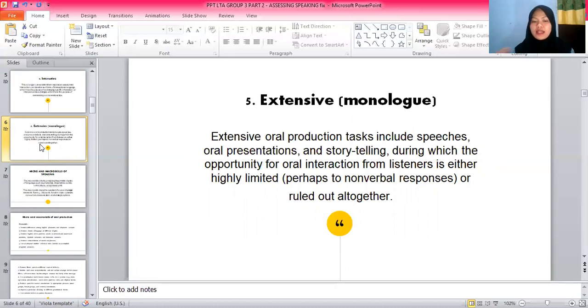Language style is frequently more deliberative, with planning involved, and formal for extensive tasks, but we cannot rule out certain informal monologues such as casually delivered speech. I think that's all for my explanation in part 1 about assessing speaking. It consists of the definition and also the basic types of speaking.